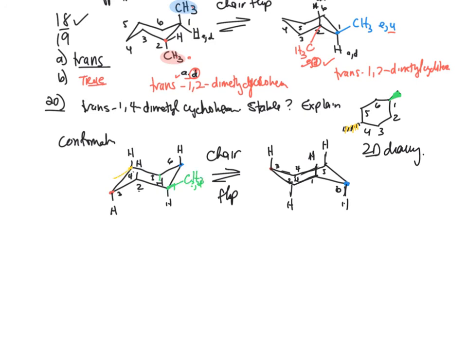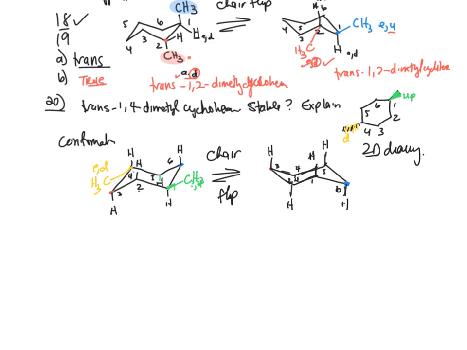And this would be CH3 down. This is equatorial down. Okay, so this is important. So this is down, and this is up, if you want to keep it coming at you. Okay, so this one's up, and their relationship is 1, 2, 3, 4.